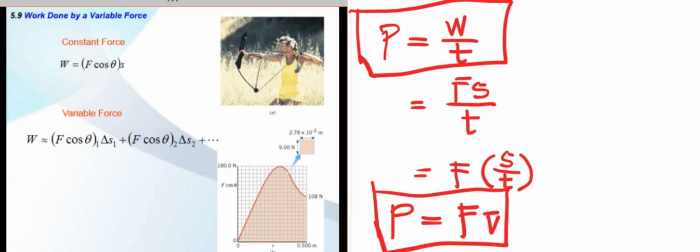So for a constant force, of course, work is F cosine theta S. If it is variable, what does it mean? That the force, for example, is changing. For example, you are pushing a box.